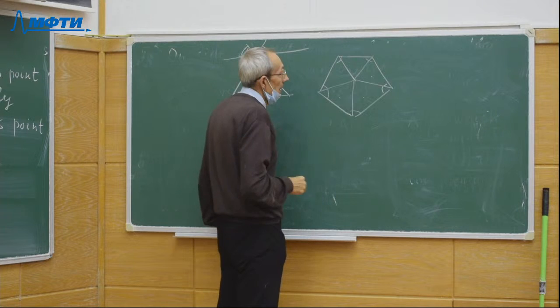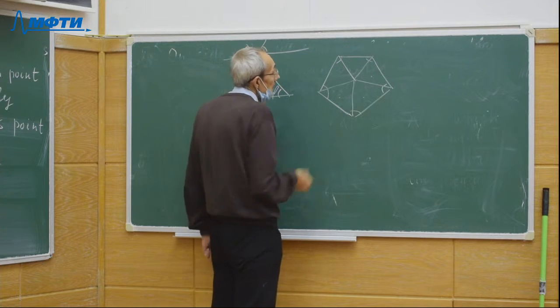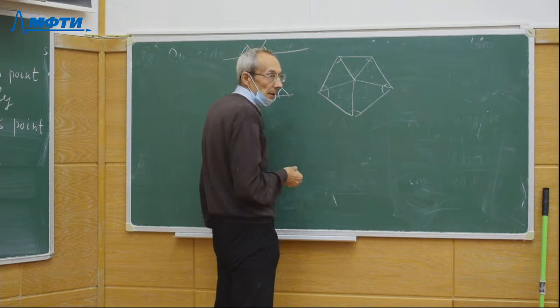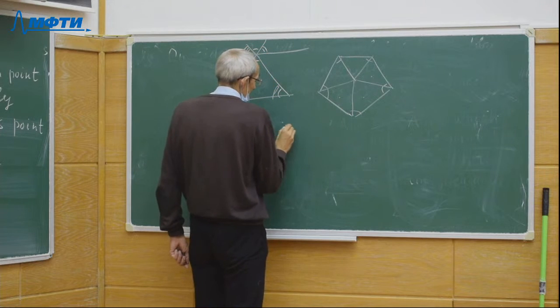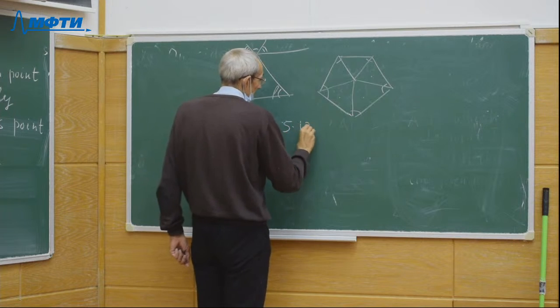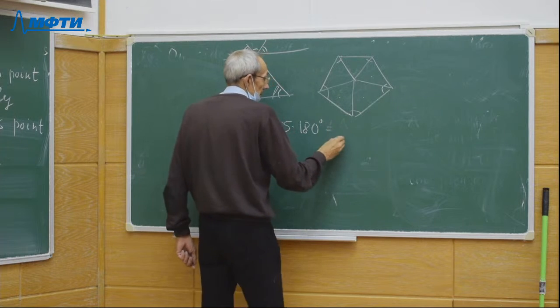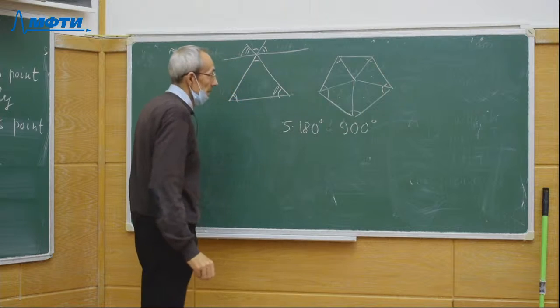The sum of angles of each of these triangles is 180 degrees, and the sum is equal to 5 multiplied by 180 degrees, which is 900 degrees.